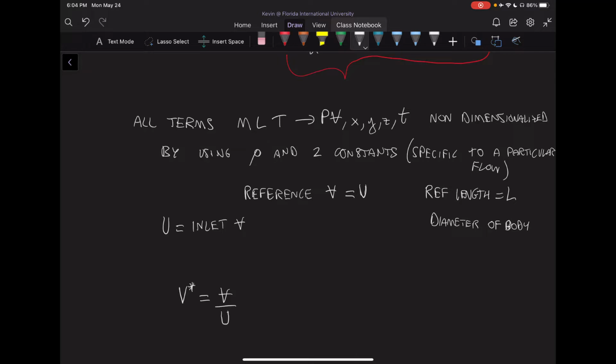We're also going to say that the gradient star is going to be equal to length times the gradient. Once again, a non-dimensional parameter. We're not going to go through the derivation of this because it would take a lot of time, and using the Buckingham-Pi theorem to prove all this could be a whole textbook in itself. So we're just going to take it for granted that these are correct. But if you actually work through the equations, you'll see that you'll get non-dimensional parameters.